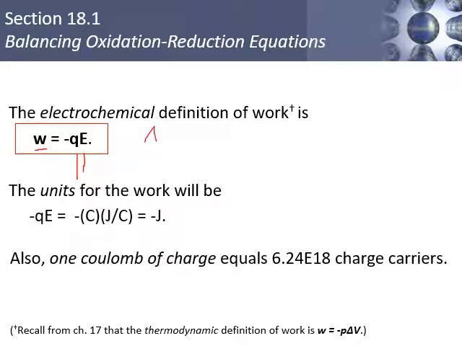So the work is minus the Q, or the charge, times the voltage, or the potential. Again, this minus sign is there for the same reason that we put it in chapter 19. It's because whenever we have a positive voltage, that means we're going to be doing negative work. So we have to put in the negative sign.